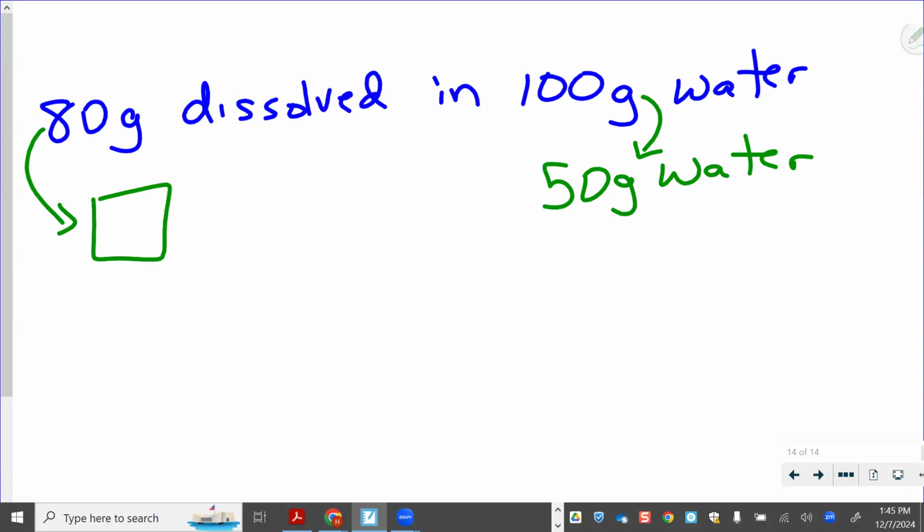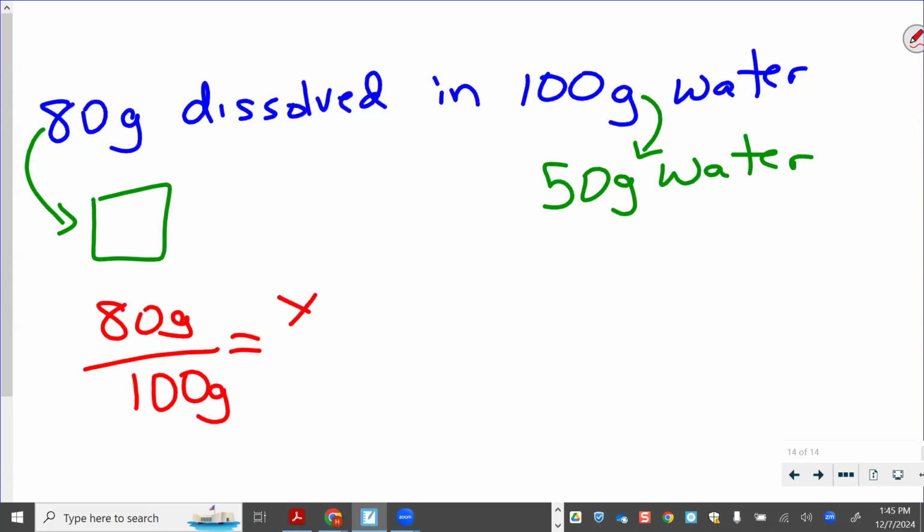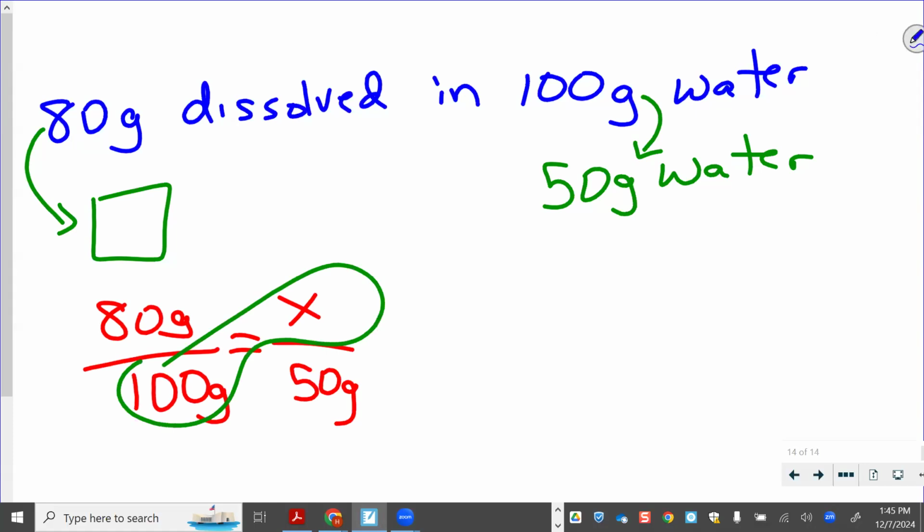So let's see. 80 grams, 100 grams of water equals, I don't know, over 50 grams. Once again, the butterfly cross multiply.